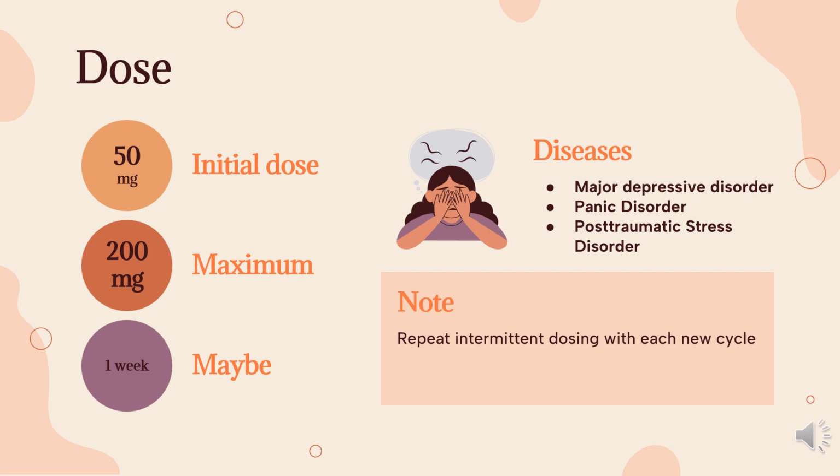Panic disorder. Tablets only. Indicated for panic disorder, PD. Initial, 25 mg p.o. q.day. May increase by 25 mg at weekly intervals, not to exceed 200 mg q.day. Post-traumatic stress disorder. Tablets only. Indicated for post-traumatic stress disorder, PTSD. Initial, 25 mg p.o. q.day.